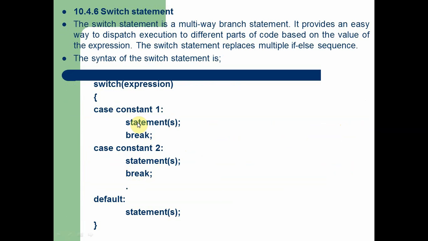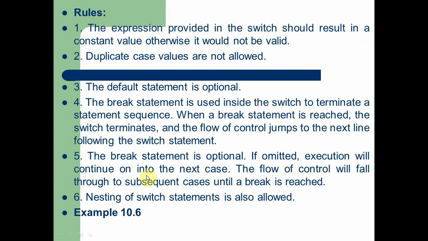For example, if the second case value is evaluated as true and its statement is executed, after that when we use break, the switch will terminate and the flow of the program jumps to the next line. So that's why we use the break statement. The fifth point is the break statement is optional.